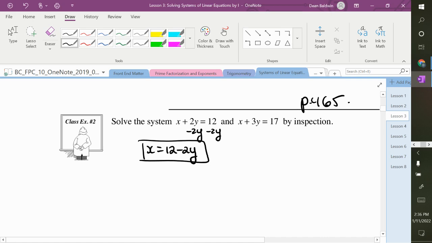Okay, I've got that equation. What do I do with that? Where does it go? Into the other equation for x, right there. So instead of writing x, I write 12 minus 2y plus 3y is equal to 17.